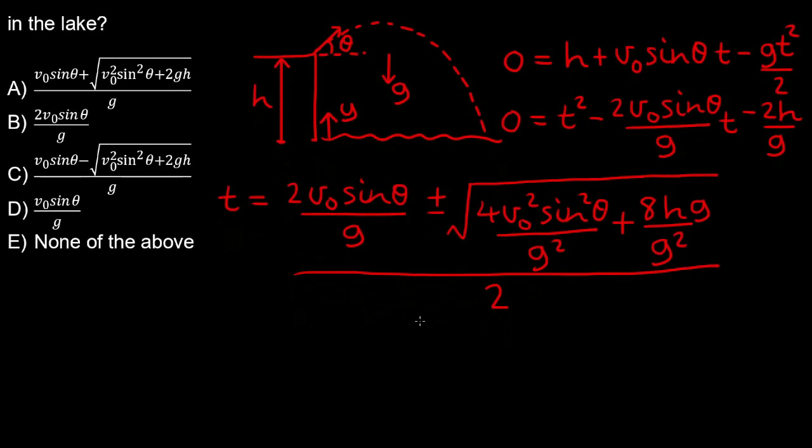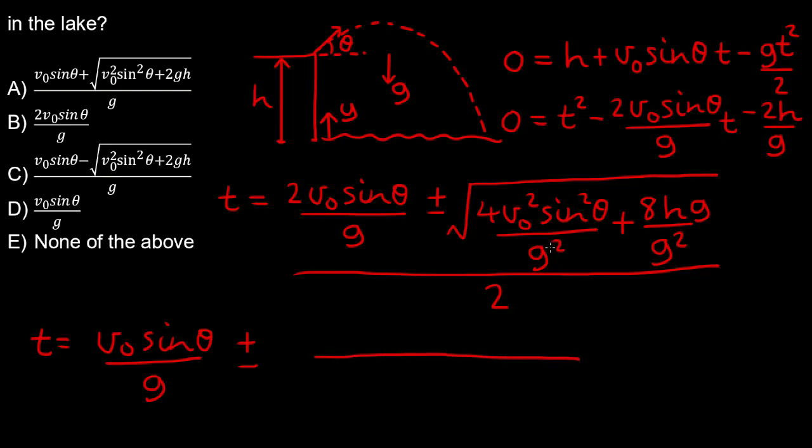And now we can do a bit of algebra. So we have t is v0 sine theta on g, where the 2's cancel, and plus or minus. And if we factor out 4 on g squared, we end up with a 2 outside, that cancels with the 2, and a g in a denominator.